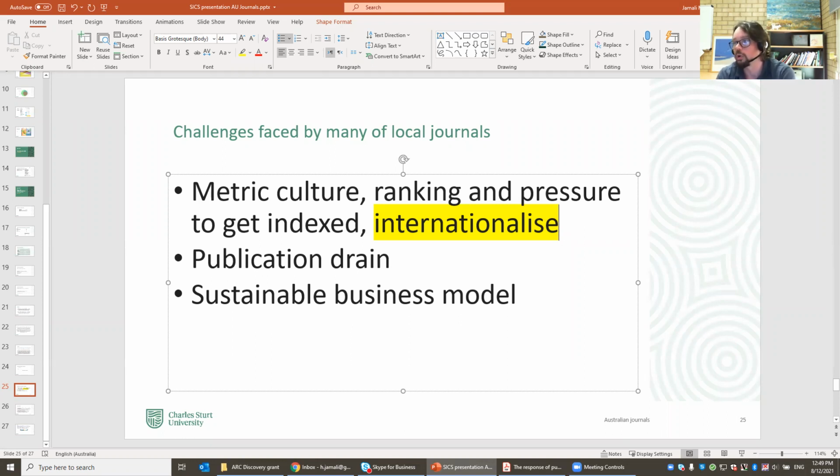We've talked a lot about the arts, humanities and social sciences, but in the sciences there is also geographically specific research, ecological research, flora and fauna, that in Australia is unique, and that provides a venue for discussion of those specific topics that might be lost in more diverse international journals. So there is work planned to look into that.